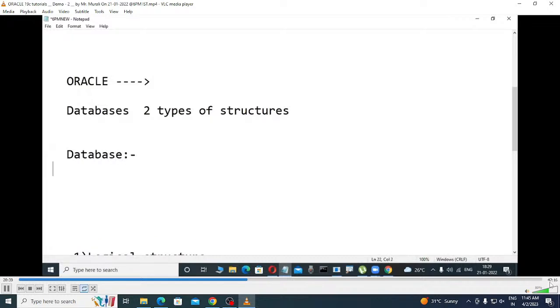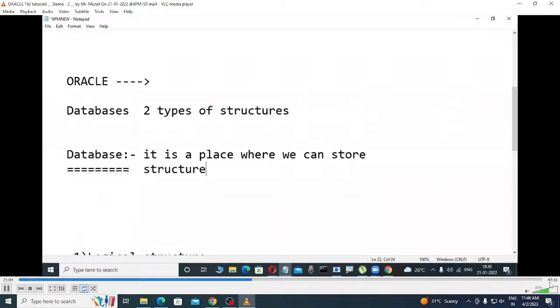What is a database? Anybody observing in Google or in books, it is a place. Don't read it. It is a place where we can store, in a computer system, a structured collection of data. They are telling only this.